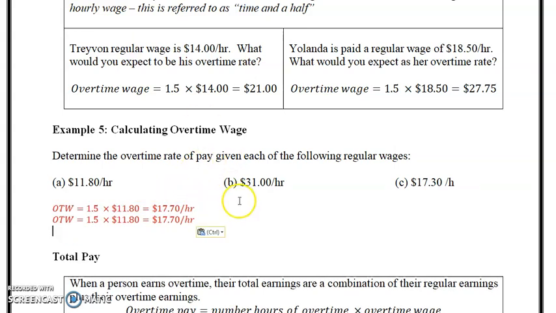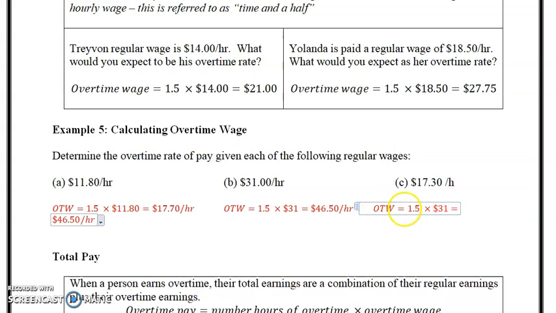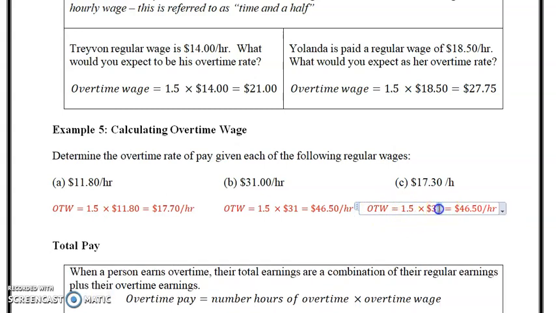And B, 31 multiplied by 1.5 would be 46.50. And the last but not least, the $17.30 per hour.